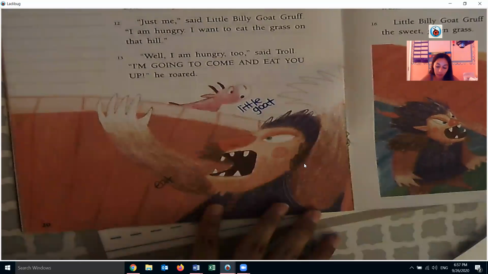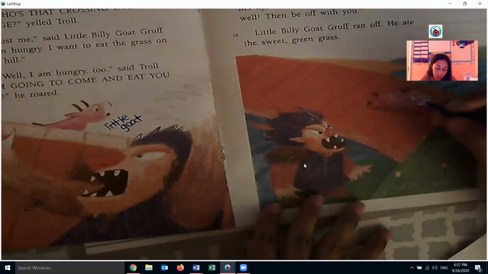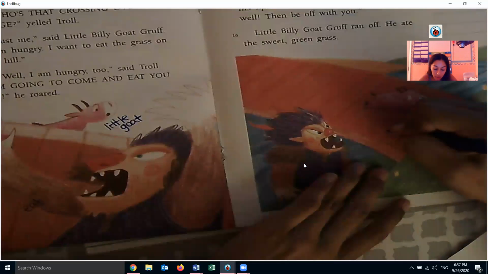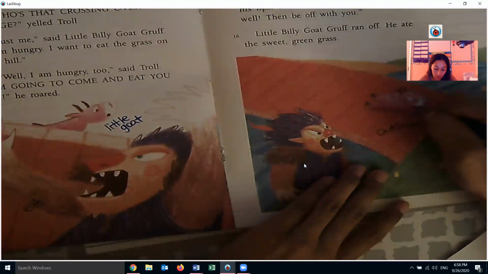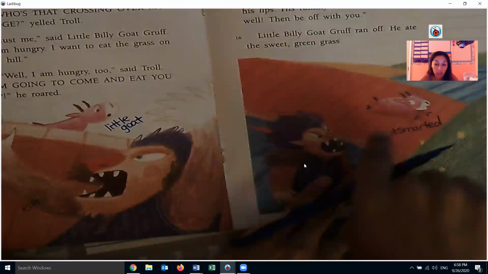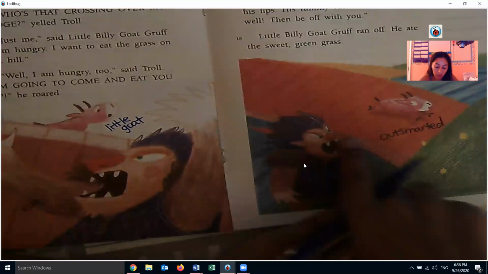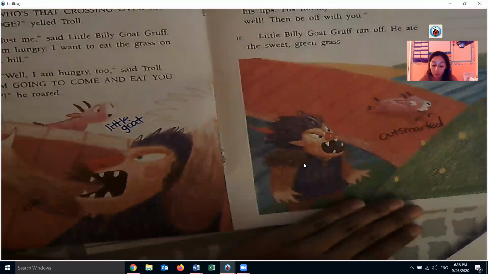And then on the next picture, we see the goat, I'll write that word that we learned with our activity, outsmarting the troll by saying, oh, just wait, there's another one coming. He's bigger. So he outsmarted the troll and he's heading over to the green grass.